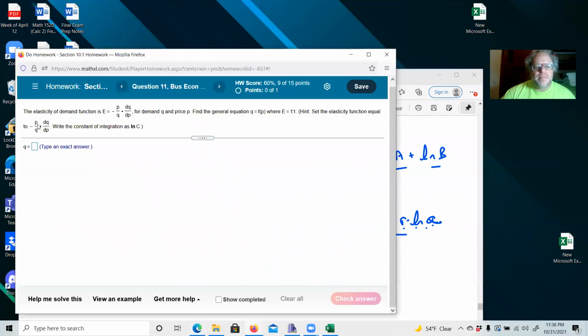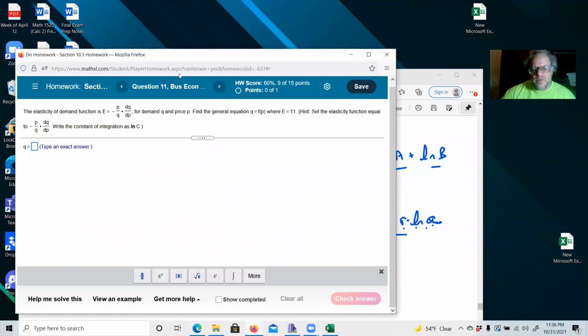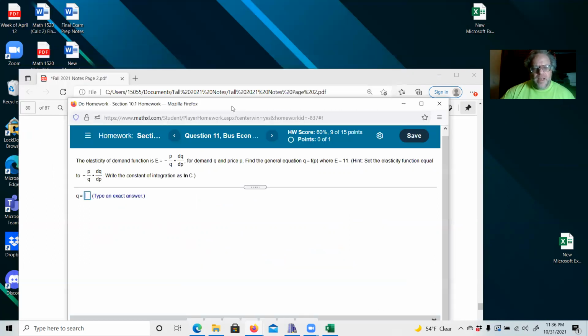Okay. Q is equal to 1 over C, P to the E. And the general equation.